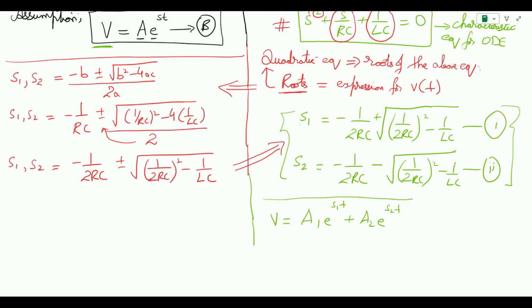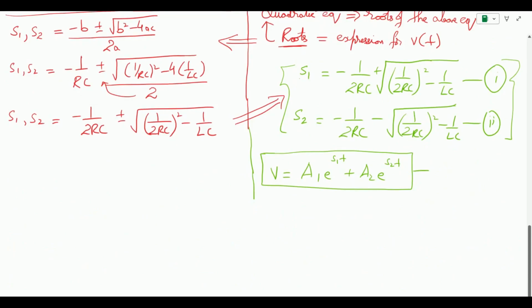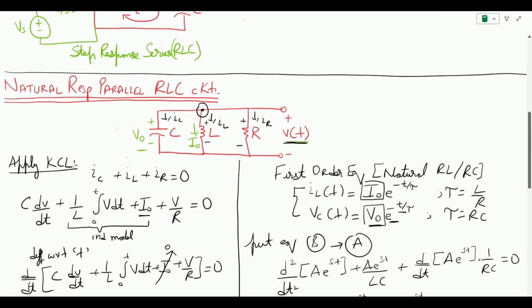This is the equation that we have derived. Let us call this equation number D, which is going to help us find the expression for the voltage when we are finding the natural response of the parallel RC circuit.